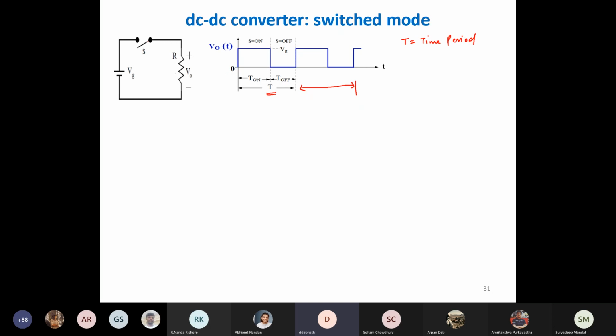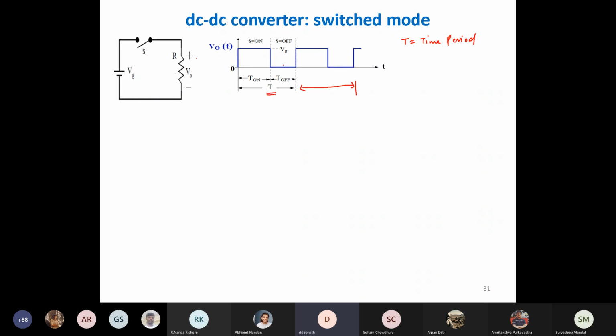So simply, when the switch is on, the output voltage will be the same as the input voltage because these are just parallel connections and in between there is no voltage drop. And when the switch is off, current has to be 0 in the circuit, so output voltage has to be 0. As simple as that. Switch on, output voltage same as input voltage. Switch off, output voltage is 0.